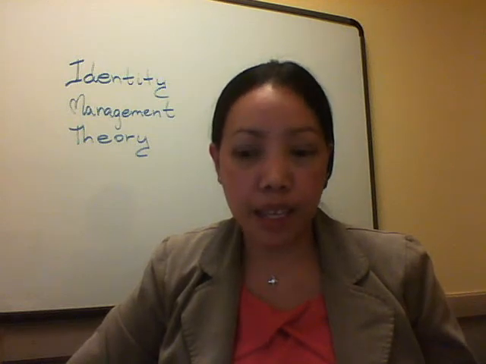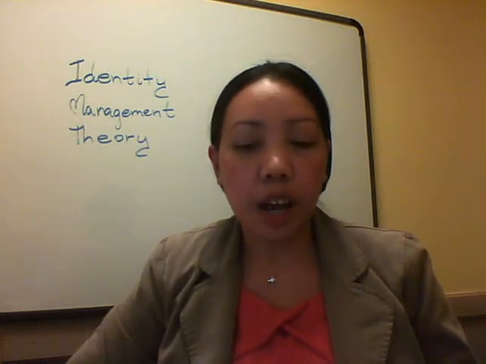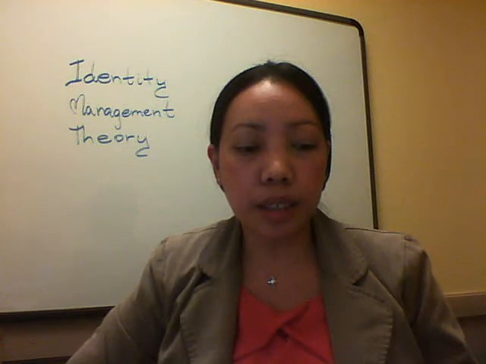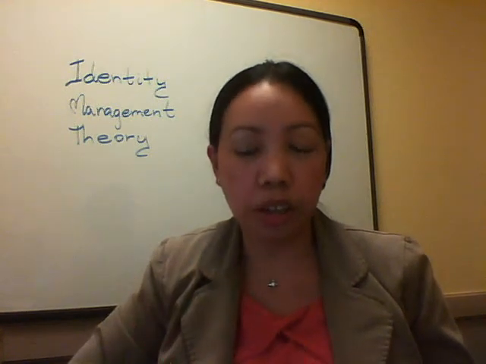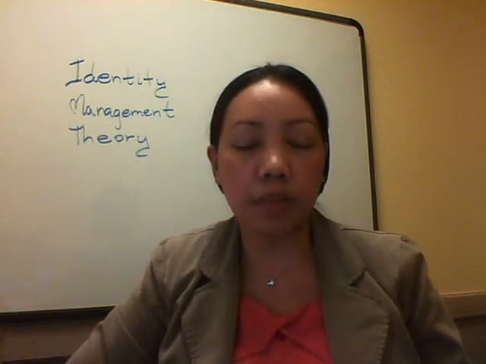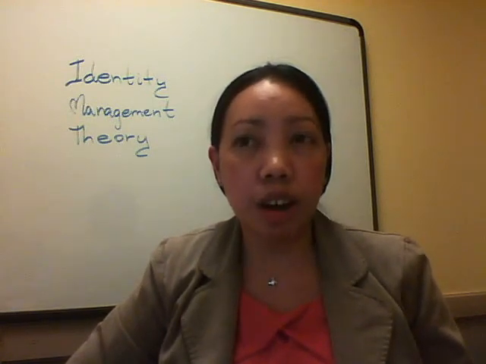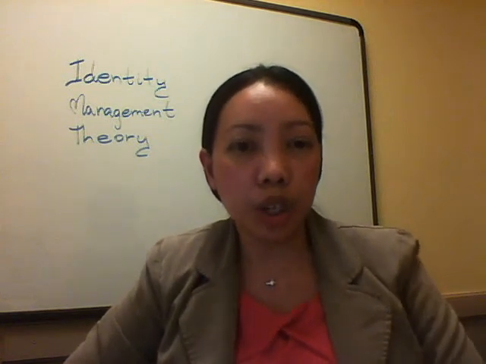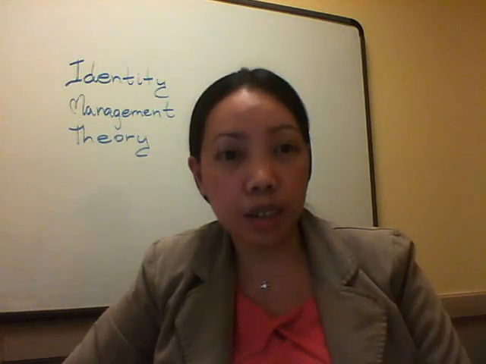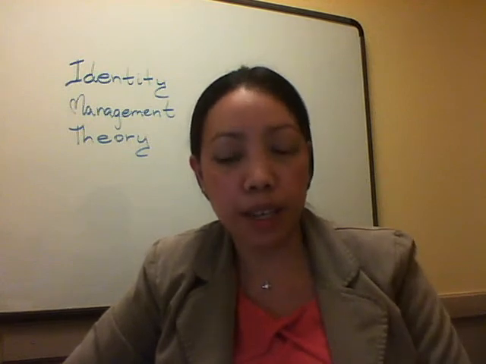One of these aspects talks about cultural identities as affecting the face of the relational partners, and the other aspect of IMT talks about the stages of relationship development. So according to IMT, cultural identities affect the face of the relational partners in four ways.